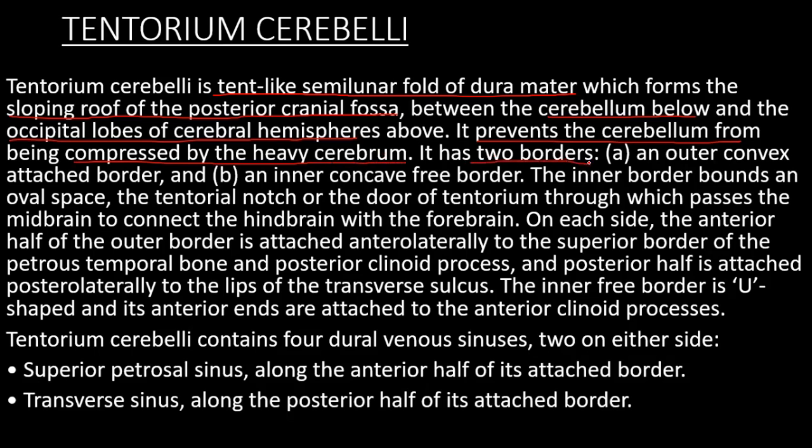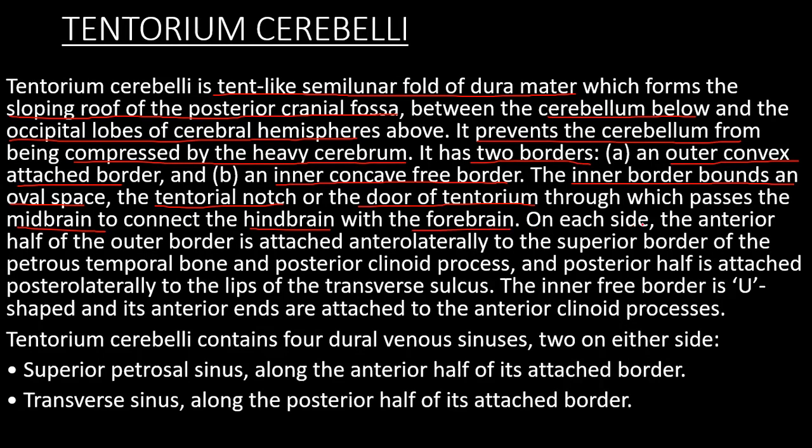Now, it has two borders, an outer convex attached border and an inner concave free border. The inner border usually bounds an oval space known as the tentorial notch or the door of the tentorium, through which the midbrain usually passes to connect the hindbrain with the forebrain.